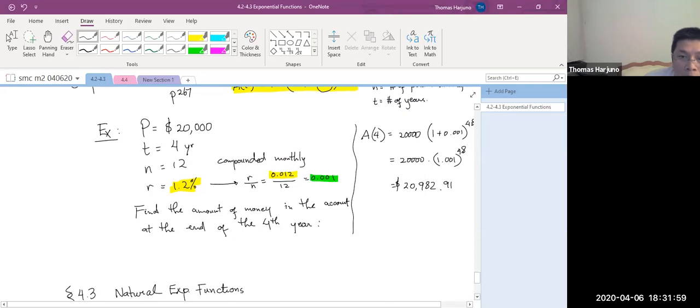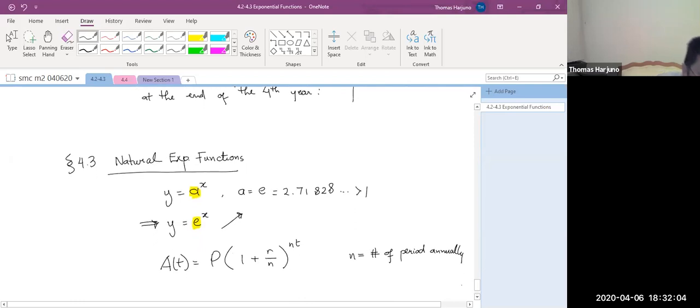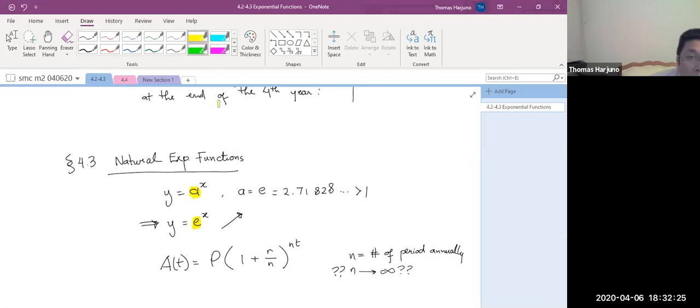Now, of course, it is possible that we compound the money every day. In fact, if somebody is crazy enough, they will compound the money every second. So basically, what happens when this n goes to infinity? Then you will see this part here gets smaller, right?